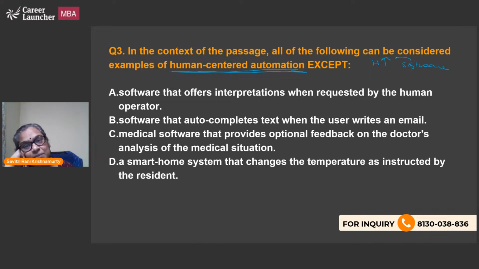Software only helps. Software is a partner, not a replacement. Correct? So the human being is most important. So all of the following are human centered, except, so look at which one is not human centered. Which one is a case where the human being does not take priority? Which option?